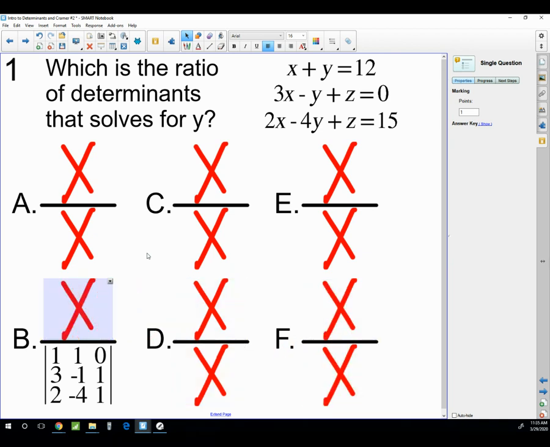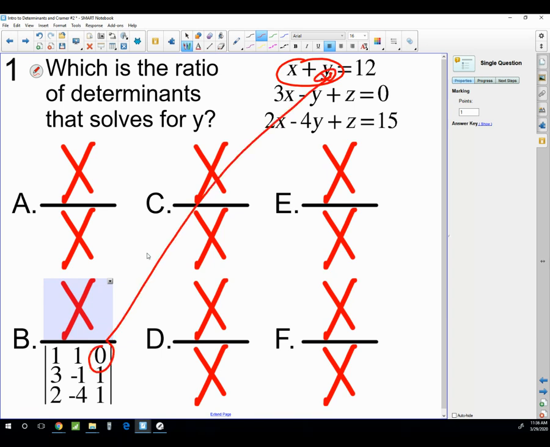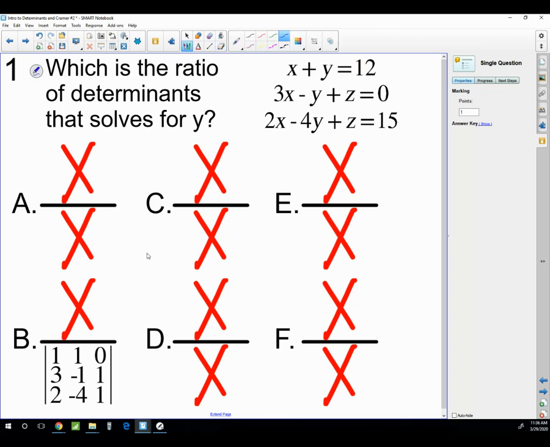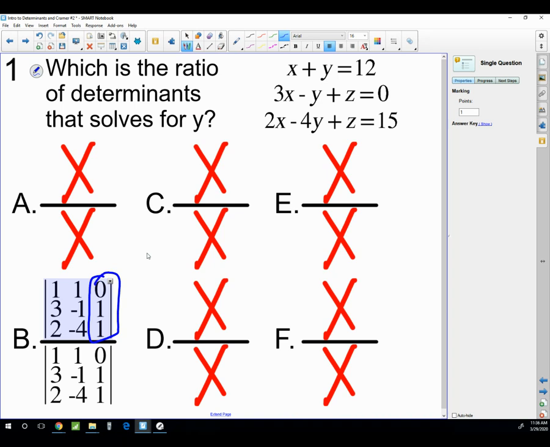Okay, and then we want to keep in mind that there's a 0 in this equation, and that's why we have that 0 right there, because we don't have a z coefficient in the first equation. So you would have to put those in there. Then we would copy that to the top and take out the y's. We are solving this for y.